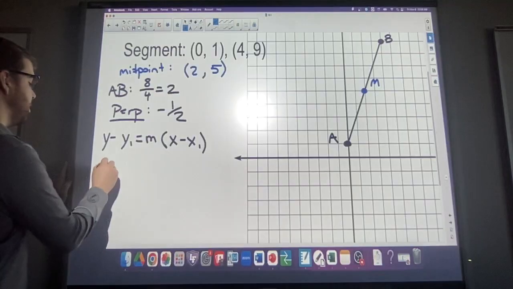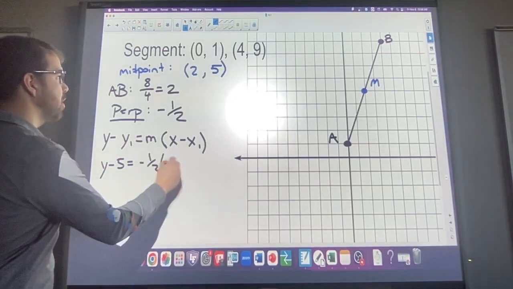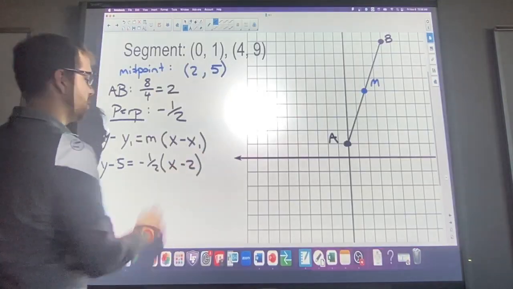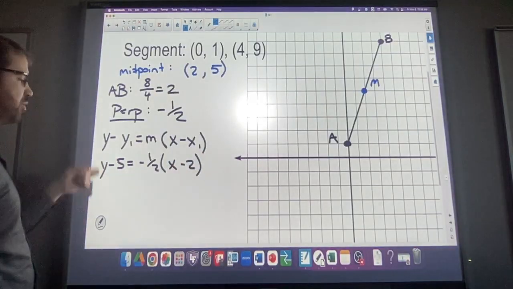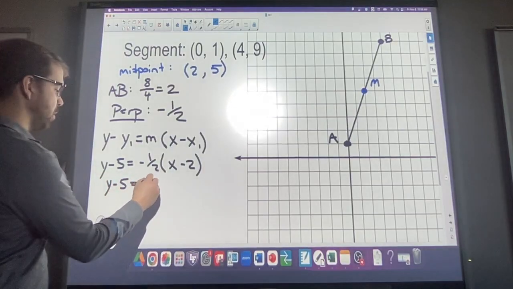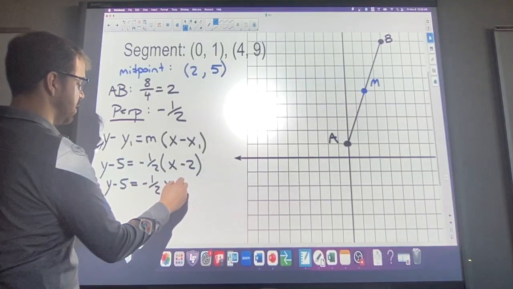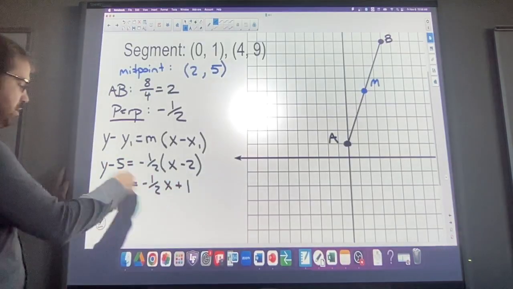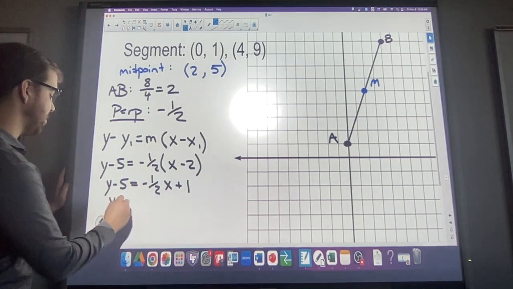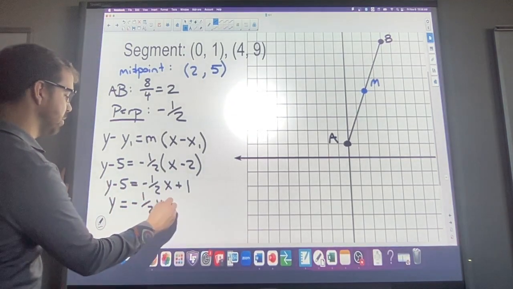So it'll be y minus 5 equals negative 1/2 times (x minus 2). Distribute, add 5, and we should have our answer. So we distribute negative 1/2 x, and that would be plus 1. Then I add 5, and I get my answer: y equals negative 1/2 x plus 6.